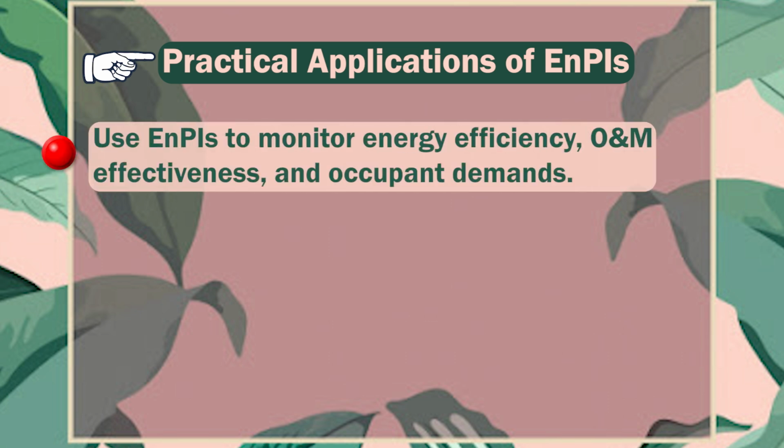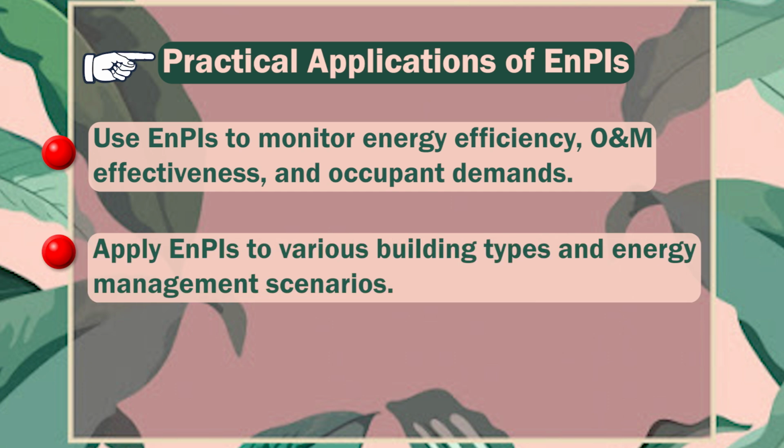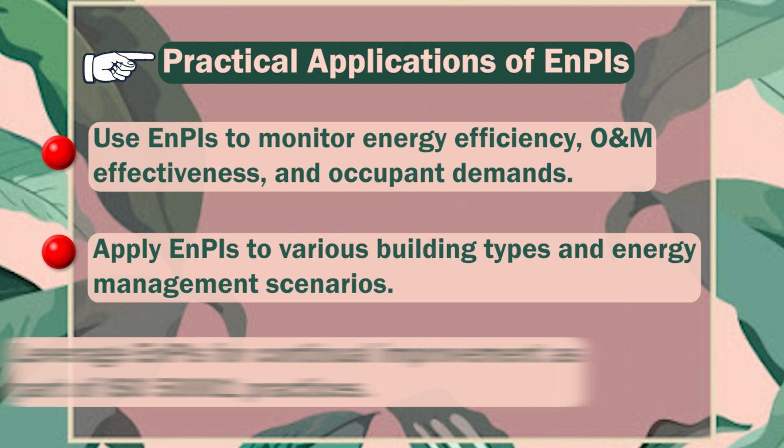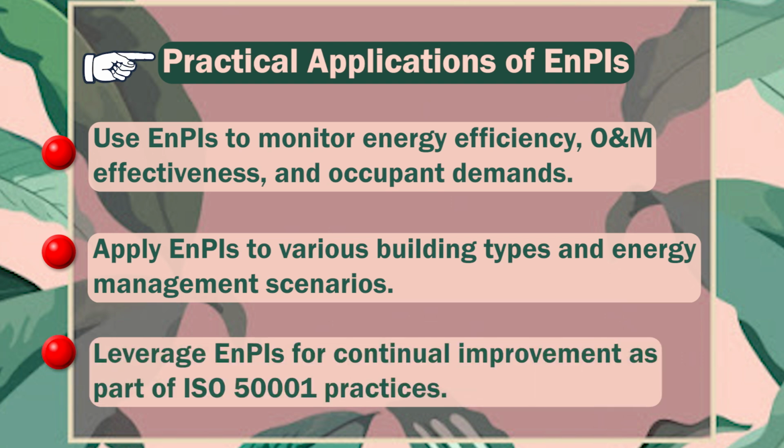EnPIs can be applied to monitor energy efficiency, assess operation and maintenance practices, and understand occupant energy demands. They are valuable in various building types and scenarios, helping to achieve the goals outlined in ISO 50001. Effective use of EnPI also supports continuous improvement in any one's energy performance.